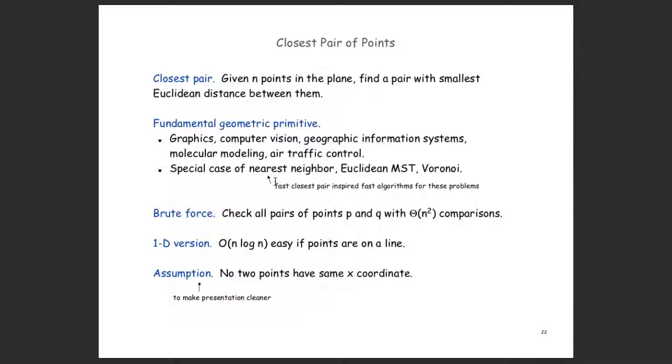How long does that algorithm take? Once it's sorted, how long does it take? Comparing each one with its neighbor takes constant time, one per element. How many elements do I have? N. So it takes linear time. Does that make sense?